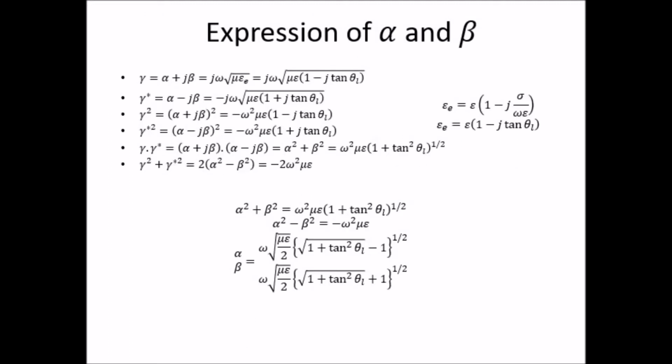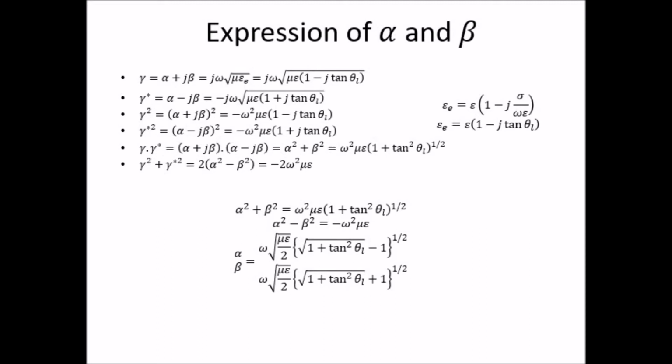Now we need to find the expressions for the attenuation constant alpha and the phase constant beta. As you know, the propagation constant gamma is equal to alpha plus j beta, and the expression for gamma is j omega square root of mu times epsilon e, where epsilon e is equal to epsilon times 1 minus j tan theta L. Now if you take the conjugate of gamma, that means the sign of the imaginary part will be altered.